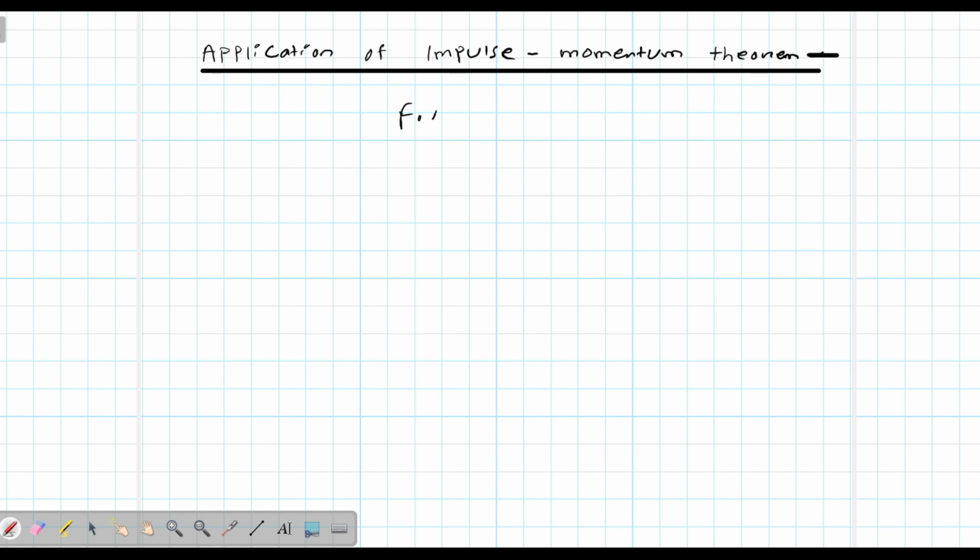So F into del T equals to how much? F into del T equals to delta P. If delta P is constant, F into delta T equals to constant.